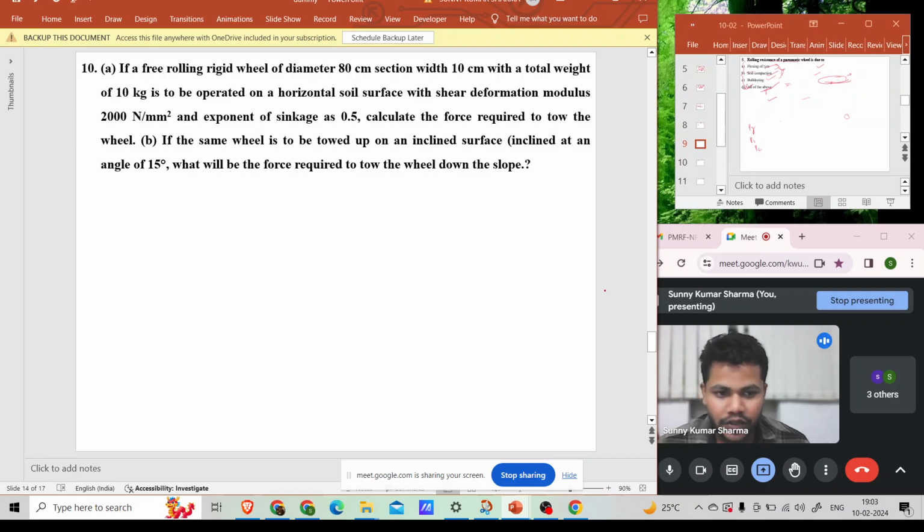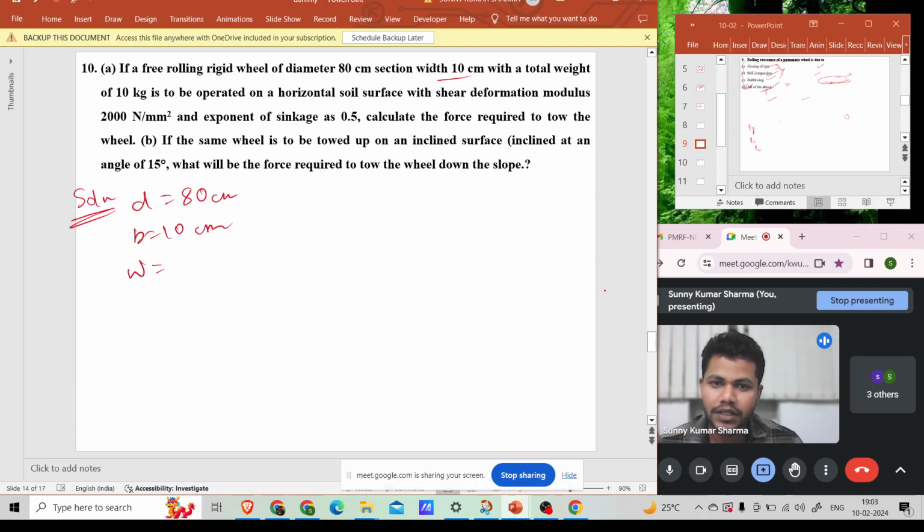Now you take out your calculator. We will solve a numerical. This is very easy. If a free rolling rigid wheel of diameter 80 centimeter, width 10 centimeter, and total weight of 10 kg is to be operated on a horizontal soil surface.